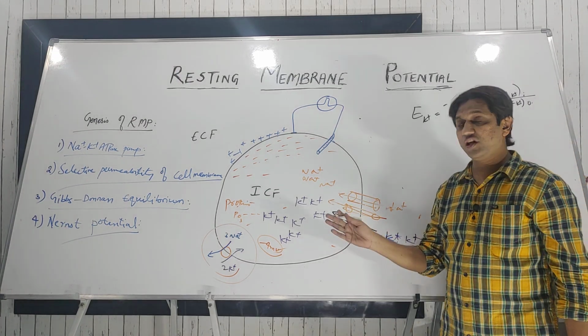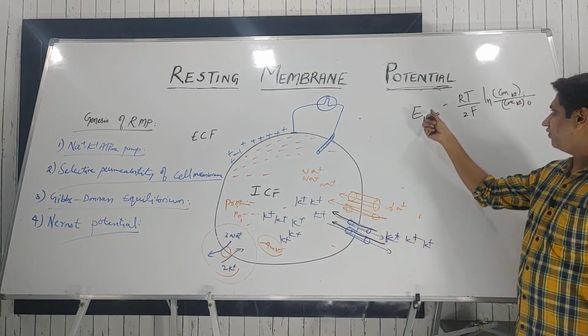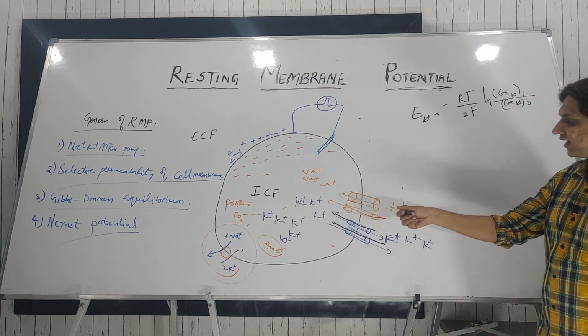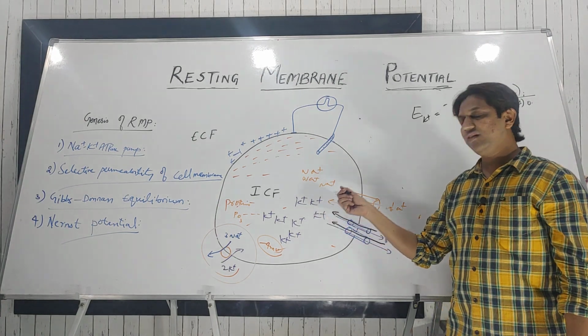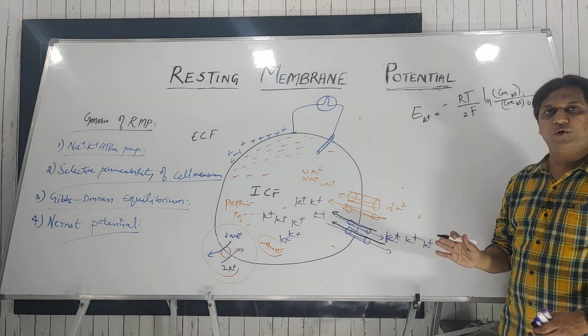So what does the Nernst equation show? It shows the relationship of the diffusion potential with the concentration of that ion inside the cell and outside the cell. That relationship is the equilibrium potential.